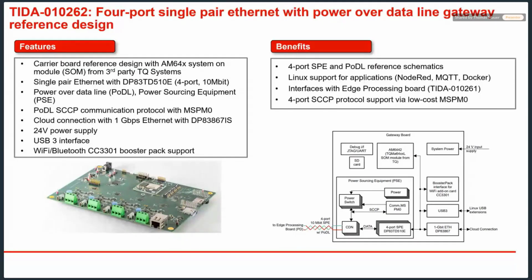We have then a cloud connection, which is like this normal Ethernet connection over 1 gigabit. The board is powered by 24 volt. We have the option for a USB 3 interface, and we have an option for a Wi-Fi and Bluetooth CC3301 booster pack.